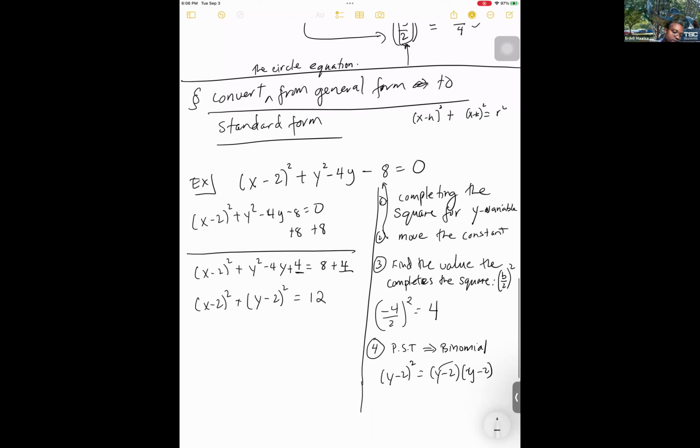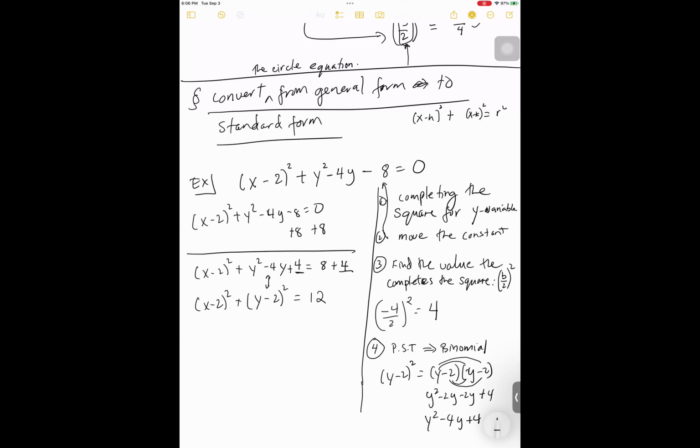Y times y is y squared. Y times 2 is negative 2y. Negative 2 times y is negative 2y. Negative 2 times negative 2 is plus 4. That's y squared minus 4y plus 4. So these two things are the same. And you just leave the (x minus 2) squared alone. It was already how we needed it.